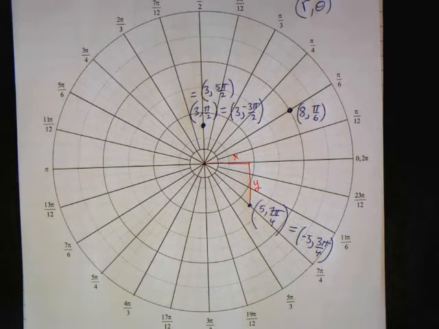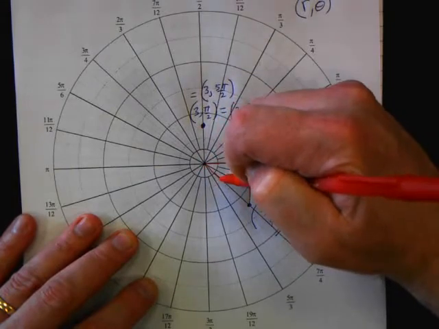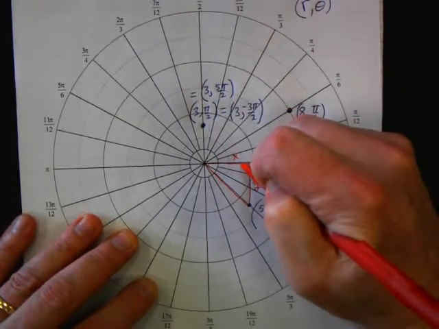Something to do with cosine. Close. It's not just cosine 7 pi over 4 and sine 7 pi over 4, but you're very close. We need something to do with the 5. That's right. All right, so look what I have here. I have myself a nice right triangle.